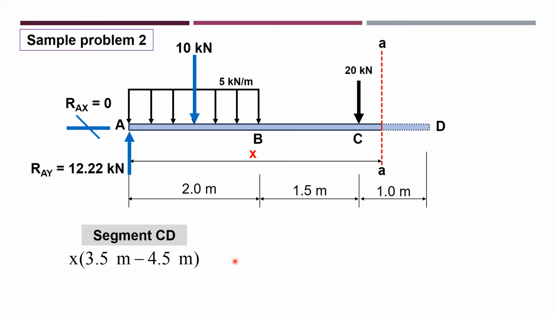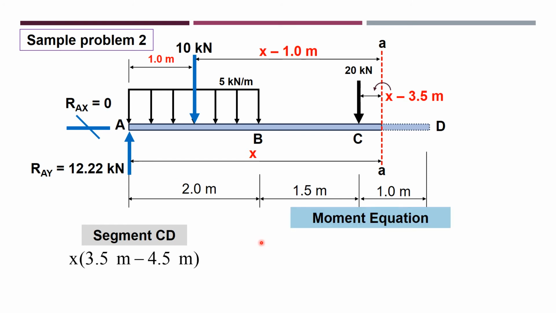So for 10 kilonewton, since this is 1 meter from A, at ang kailangan mo ay distance to the imaginary cutting plane, so that will be x minus 1. And for the 20 kilonewton force, we have x minus 3.5 meters.